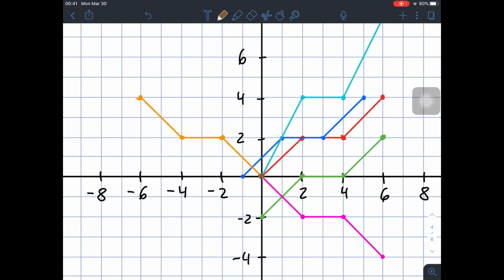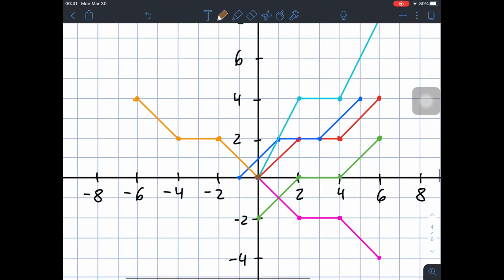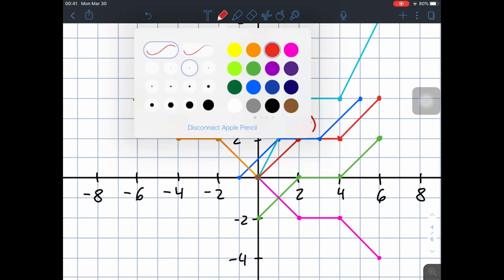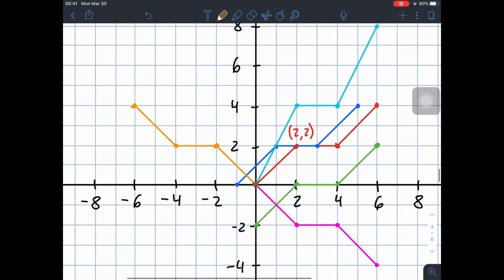So, for example, the first point, which is 0, 0, once again is an invariant point because 0 divided by 2 is still 0. But then for this point, once again, this is 2, 2. The new point for this function would be 1, 2. We need to halve this value. 2 divided by 2 is 1, okay?